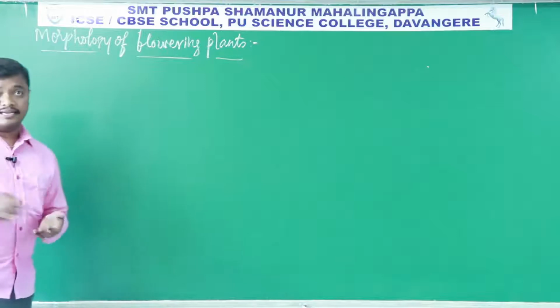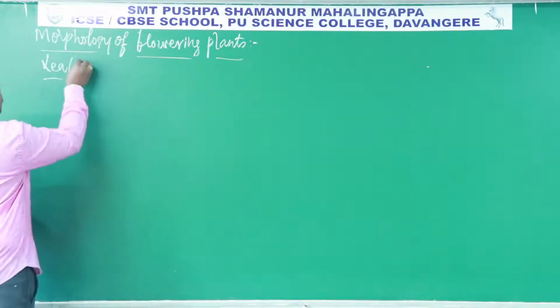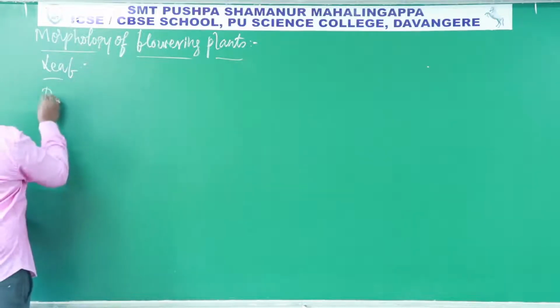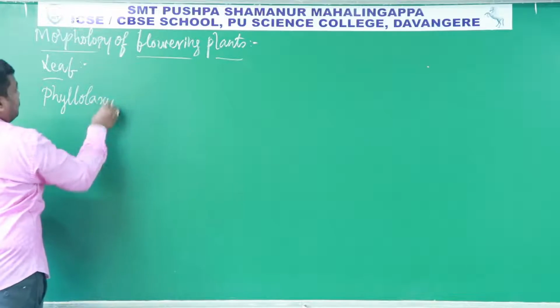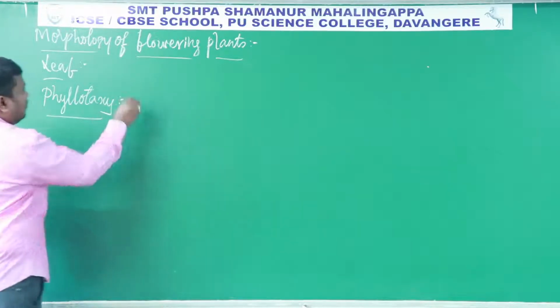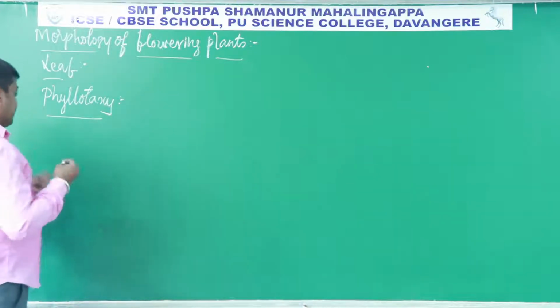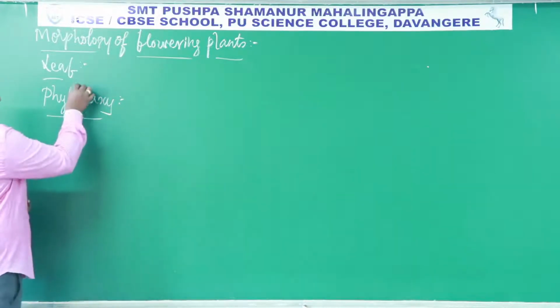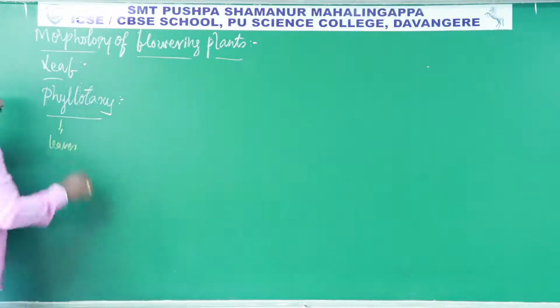Under the leaf itself, let's study one more topic called phyllotaxy. Phyllotaxy has two words. Phylla means leaves.